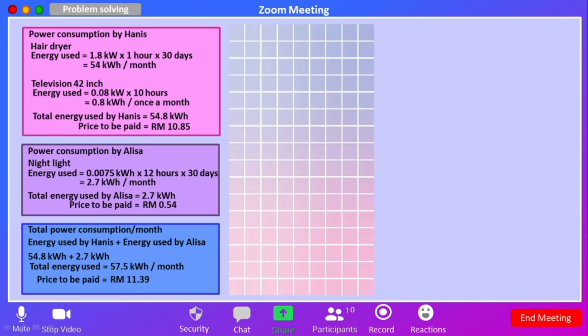From the calculation that we have done just now, who should pay more for the electricity bill? Hanis' price is 10 ringgit and 85 cent, and Alisa's price is 10 ringgit and 54 cents.